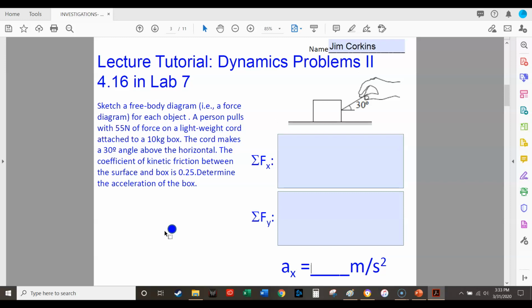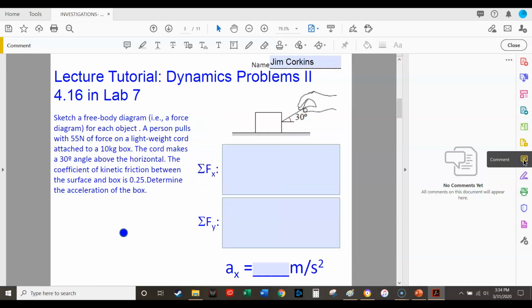All right, we're back. So what I'm going to do is go into your comments area, and that's going to pop out this place. I'm in Adobe Reader. I hit comment right here, and these tools are going to appear in the secondary window.